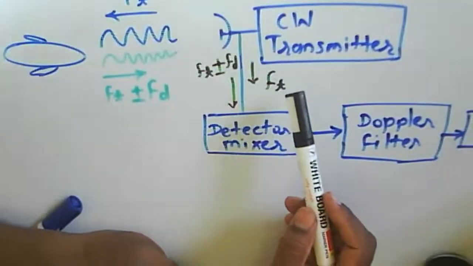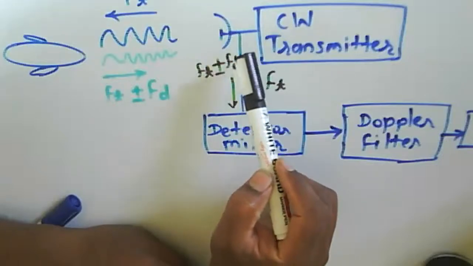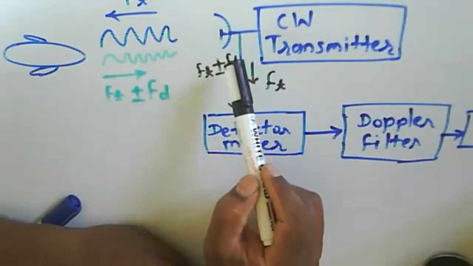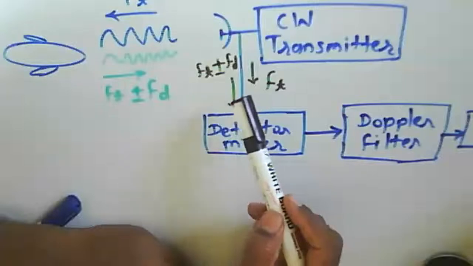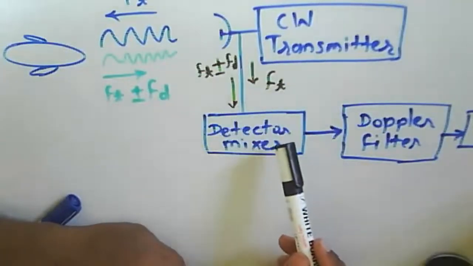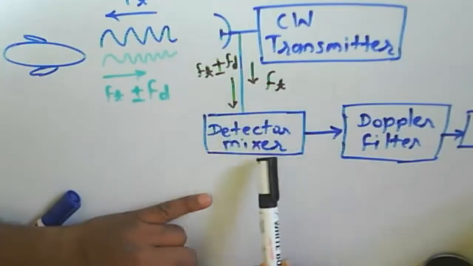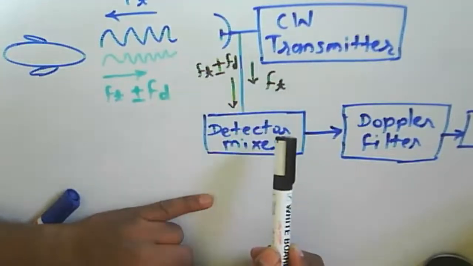Or we use a junction at this particular place, so it will forward only a very small portion of the transmitted signal to the detector, so that the detector is able to differentiate both the signals.